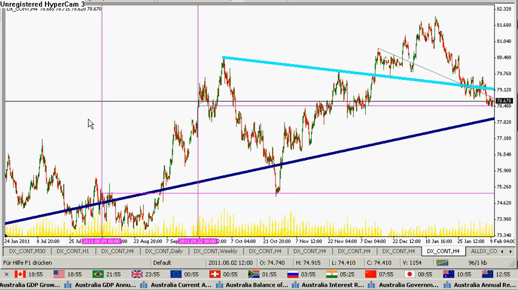So I'm putting here two lines on 9 August 2011, after the AAA rating, after the rating agencies downgraded the US dollar or the US government policy, if you want. Then here I put the line, and it was roundabout 75.